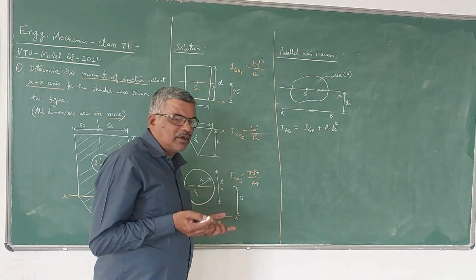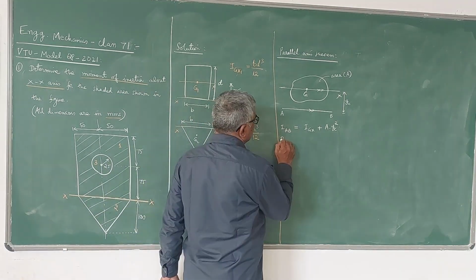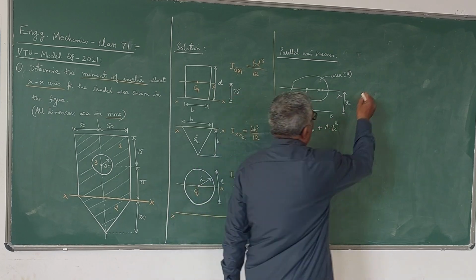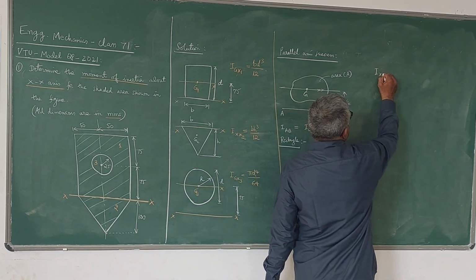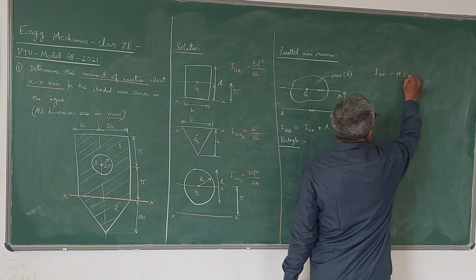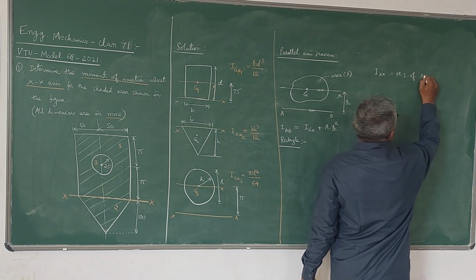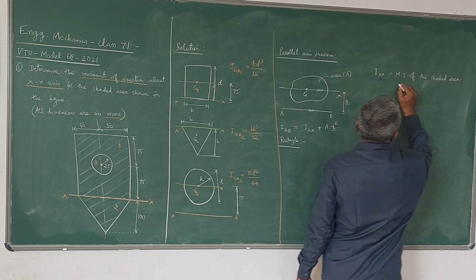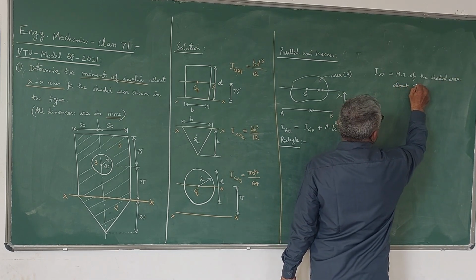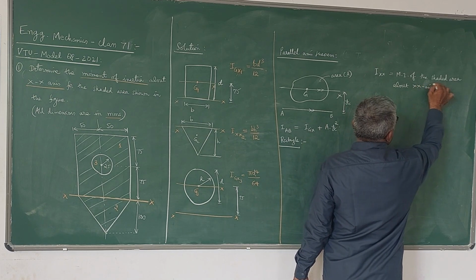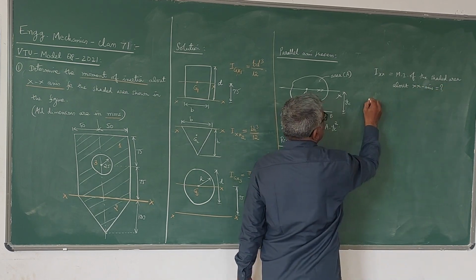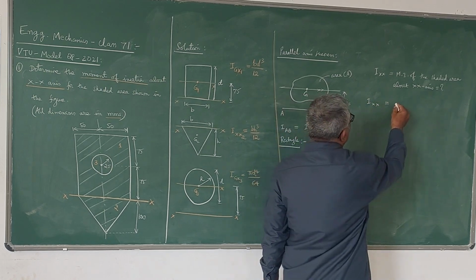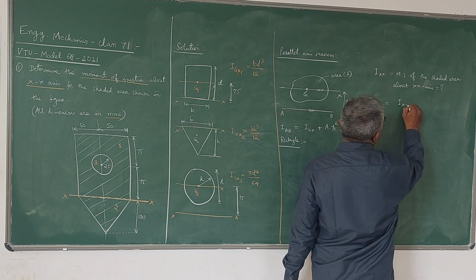Now let us write down individually for the rectangle portion. Ixx is the moment of inertia of the shaded area about the x-axis. This is the unknown that we have to find out. But this consists of three moment of inertia expressions. One for the rectangle, which I will write as Ixx1.